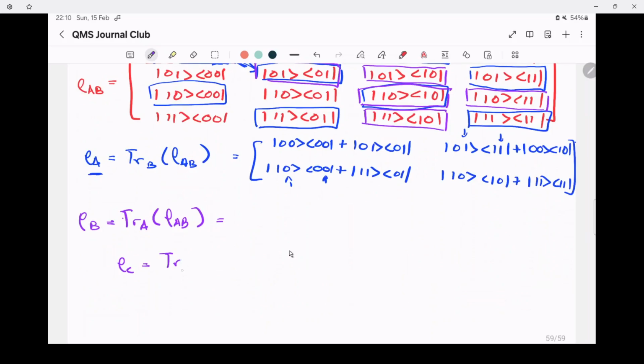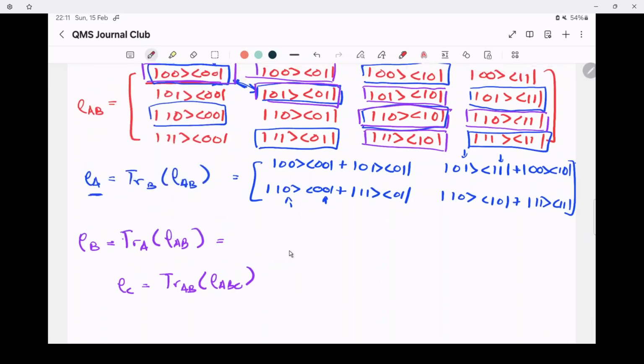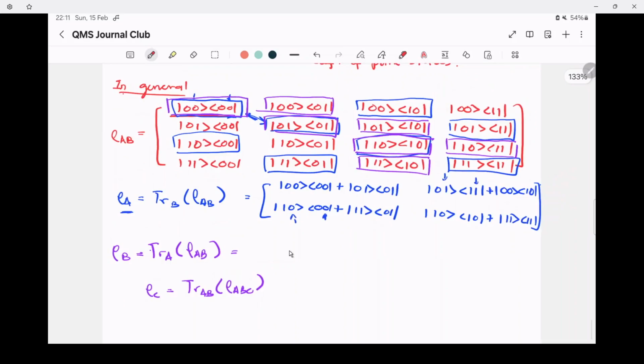So you need to trace out AB to find row C. In this case, you partial trace out A first, then you partial trace out B. There are ways for you to make the whole process faster. You see that in the quantum teleportation part. So roughly speaking, this is how you would calculate your reduced density matrix.